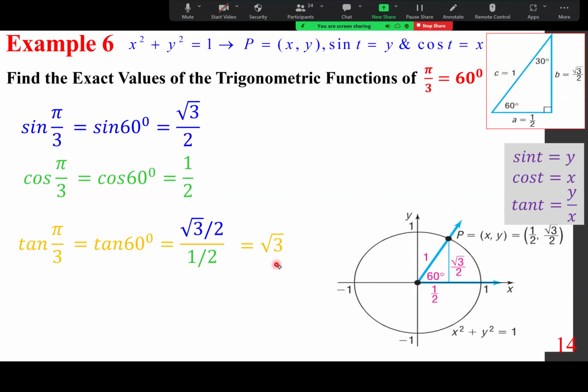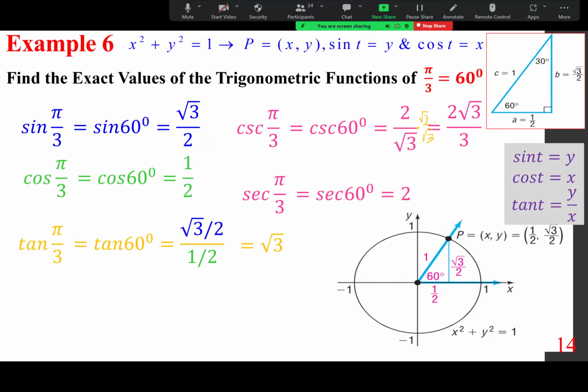Now, the rest of them are reciprocals. Cosecant is the reciprocal of that, 2 over square root of 3. And you can rationalize it, 2 square root of 3/3. Secant is the reciprocal of 1/2, which is 2.